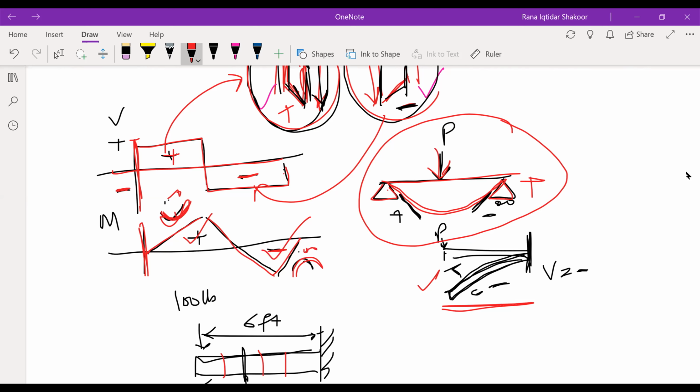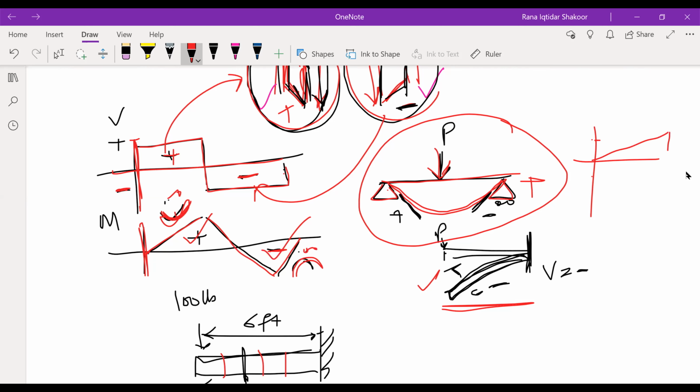So as far as moment is concerned, this will always be on the positive side. It will be like this one, or like this one, depending upon the positive side, right?